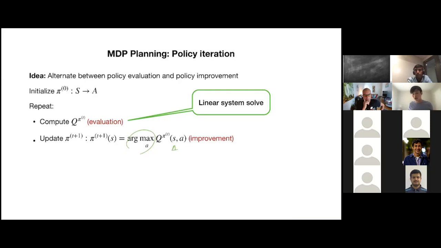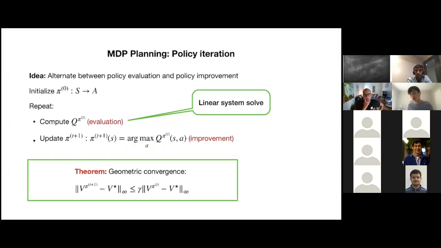And indeed, you can show that pi t plus 1 is never going to be worse than pi t. In fact, pi t plus 1 will be better than pi t all the way until you reach the optimal policy. In other words, once pi t plus 1 is not improving on pi t, you're guaranteed to find the optimal policy. You can also show a convergence rate.